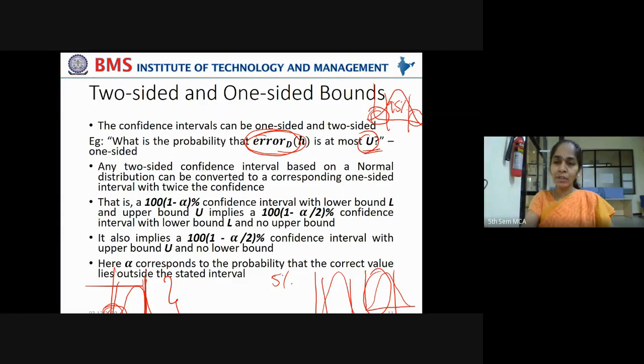Now when I'm not bothered about this range, I'm increasing my confidence interval till here. So this becomes 95% plus 2.5%, which gives me 97.5%. Okay, so my confidence interval has increased on the lower bound side because I'm not bothered about the lowest estimation error it makes. But I am bothered about the maximum range beyond which it should not fall.